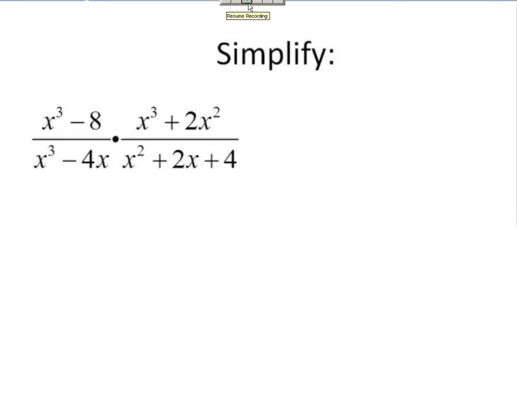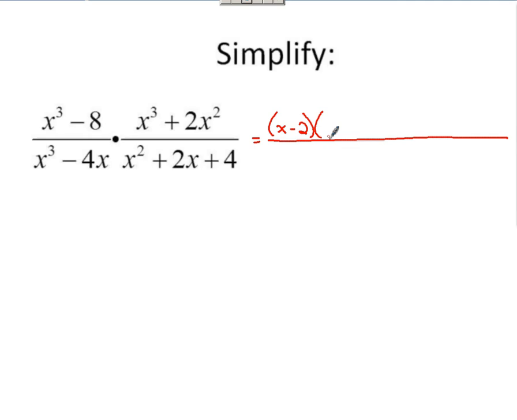All right, so we've got another multiplication problem. We've seen how the first couple work. We know where we're going with this. We start factoring whatever we can. We've got x cubed minus 8. That's a difference of 2 cubes. So x cubed minus 8 factors to x minus 2, and we have to tack on the trinomial that goes with that factorization for a difference of 2 cubes.